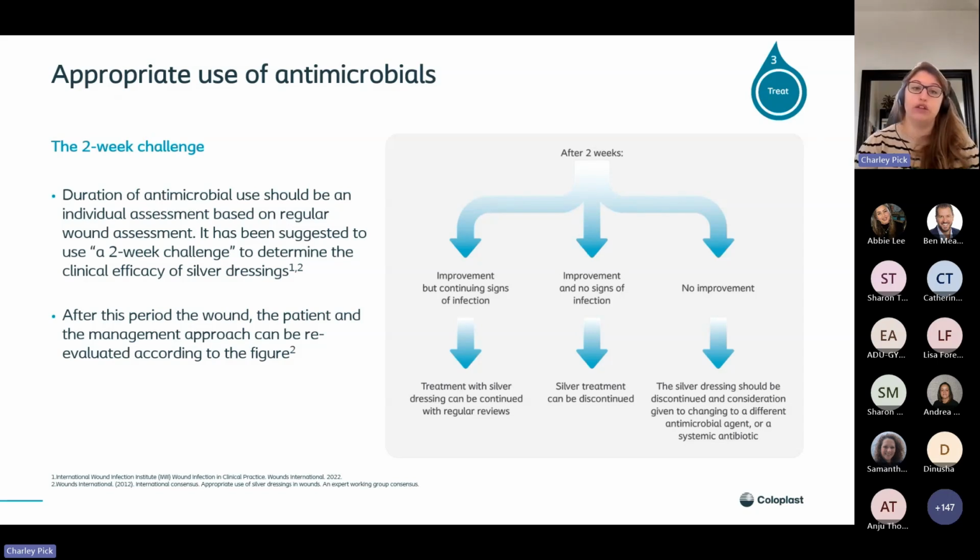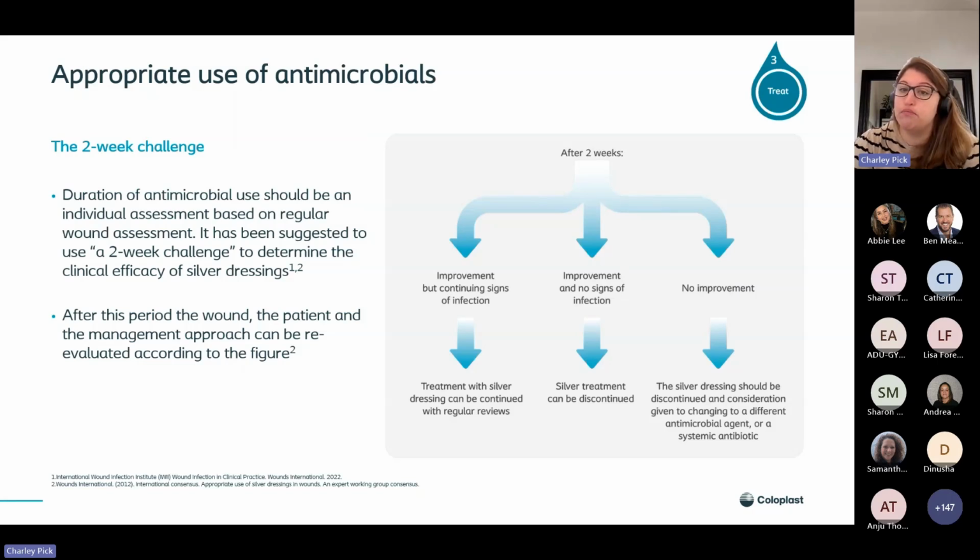And after this period, the wound, the patient, and the management approach can be re-evaluated according to the figure. So after 2 weeks, if there's been some improvement, but continuing signs of infection, you will continue with that silver dressing with regular review.